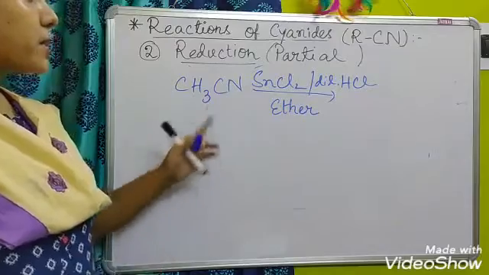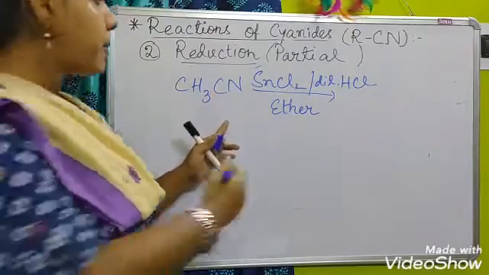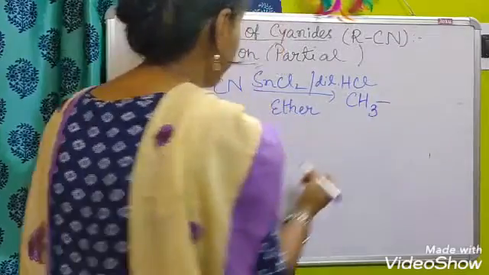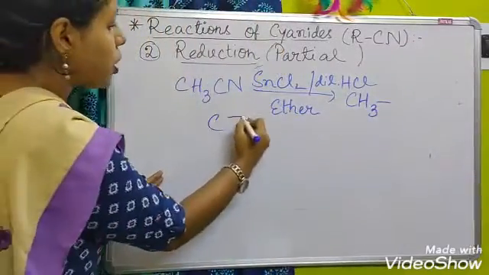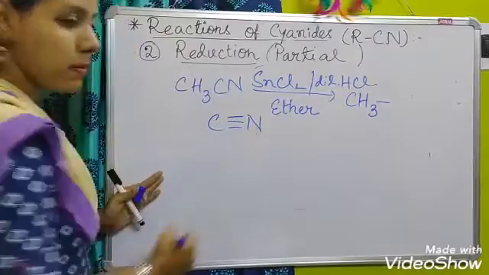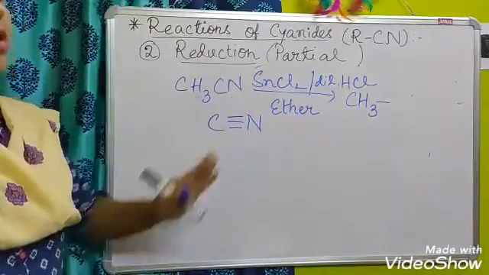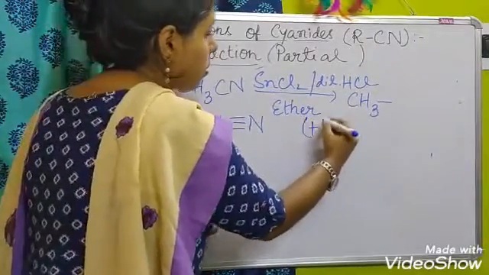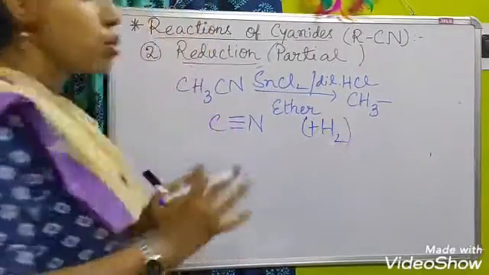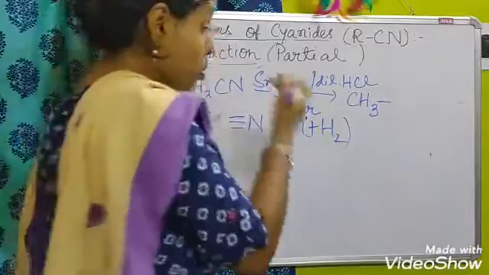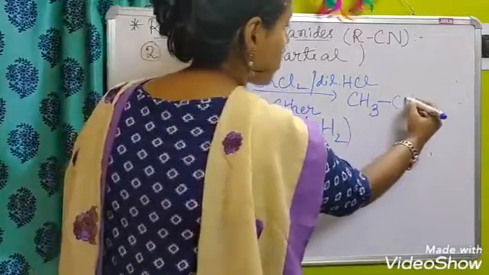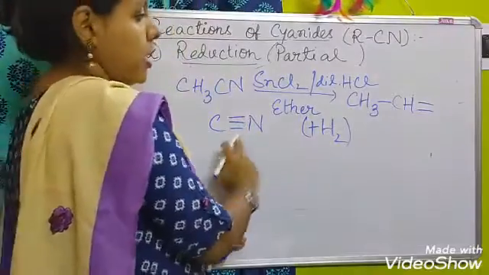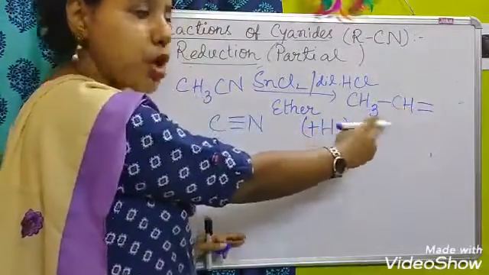So what will happen first? First of all, here there will be a change. Initially this bond was triple bond, right? So after the first step, there will be the addition of two hydrogen atoms. Okay, so it will look like CH, the triple bond here is reduced to double bond.